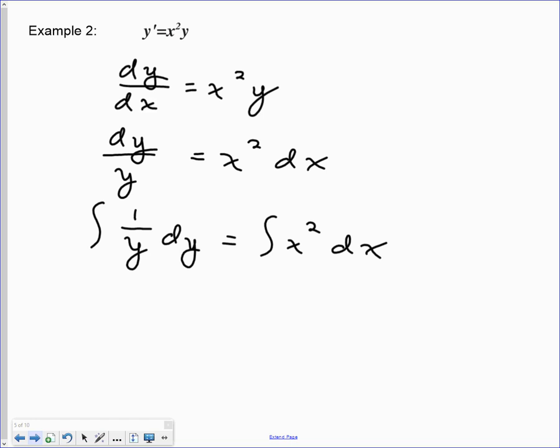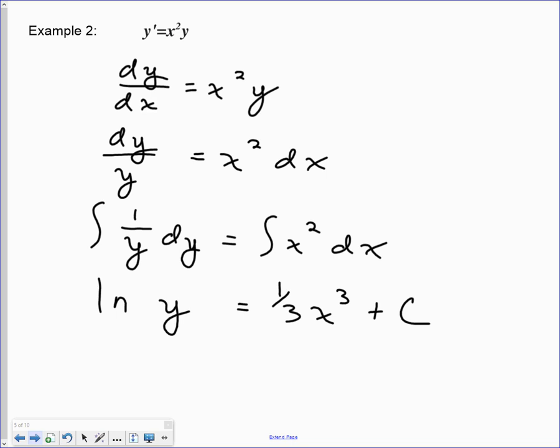Okay. So the integral on the right-hand side is exactly the same as in the last example. This is going to be 1/3 x cubed plus some constant here. Okay. And then on the left-hand side, the integral of 1 over y is going to be ln y.